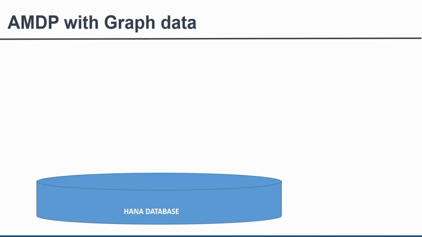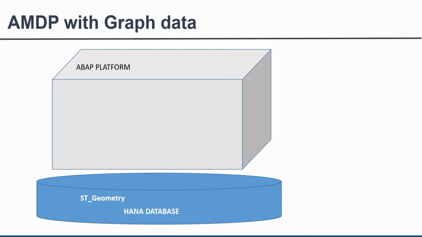So SAP has introduced geo data types in ABAP. That is what you learned in the previous slide. Say for example, in the HANA database you have a geo data type, that is ST_GEOMETRY. And for this ST_GEOMETRY, SAP has introduced a new data type GEOM_EWKB in the ABAP layer or ABAP platform.